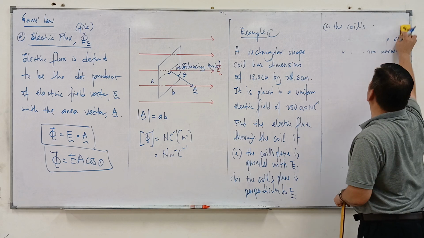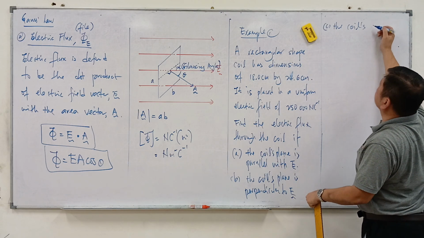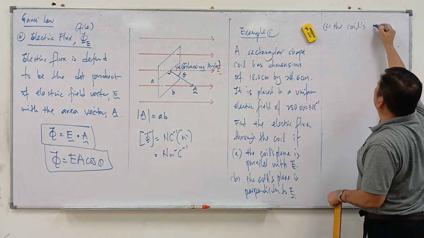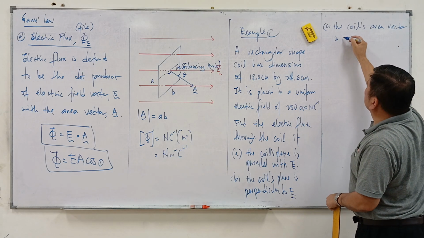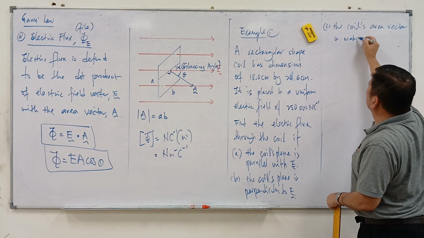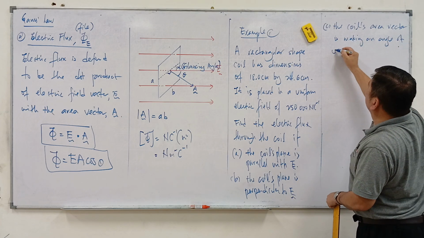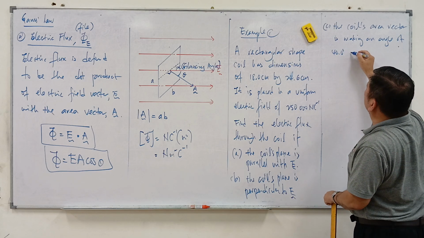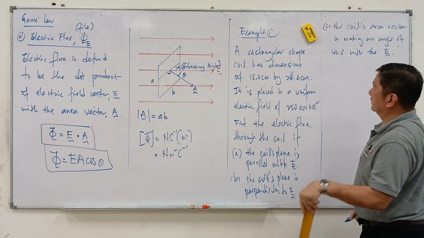This is another question. The coil's area vector is making an angle of 40.0 degree with the E. That's it.